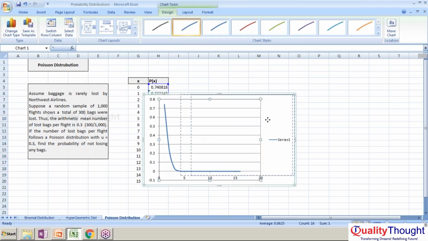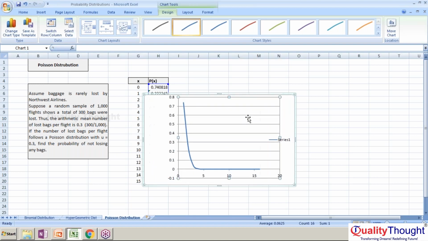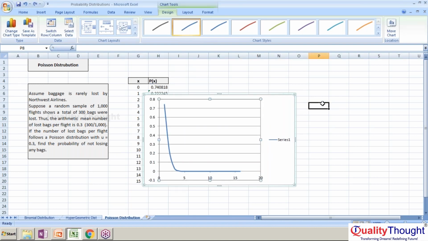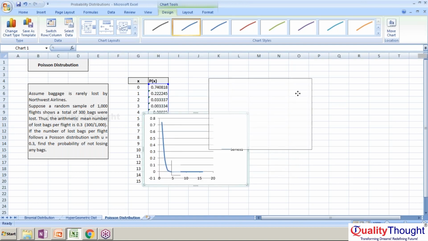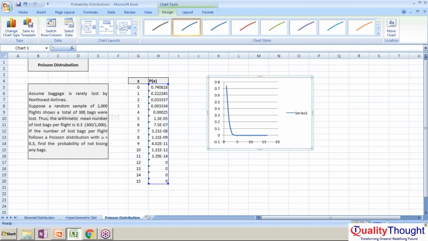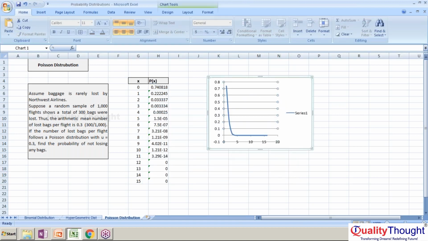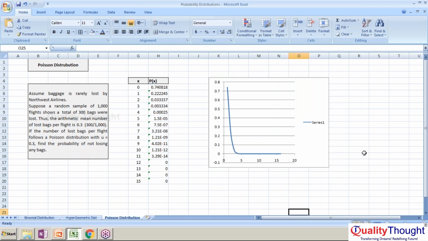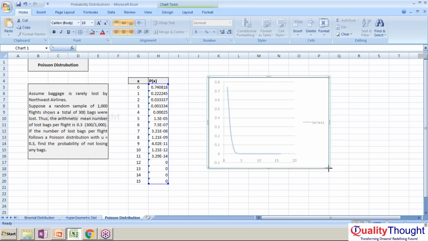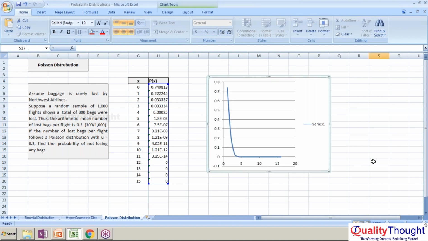Based upon this one, we all can see how the Poisson distribution looks like, how the binomial distribution looks like, how the hypergeometric distribution looks like. Right or wrong? We can analyze different types of distribution, how they look like. And based upon the data, they will differ. It will not be the same, guys. So do not think that all the data will represent the same stuff.